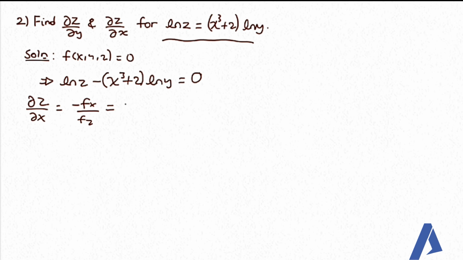So this is minus of minus 3x square times ln y, ln z 0 not because it doesn't have x in the expression, divided by fz ደግሞ 1 over z. So this is the same as 3x square ln z.